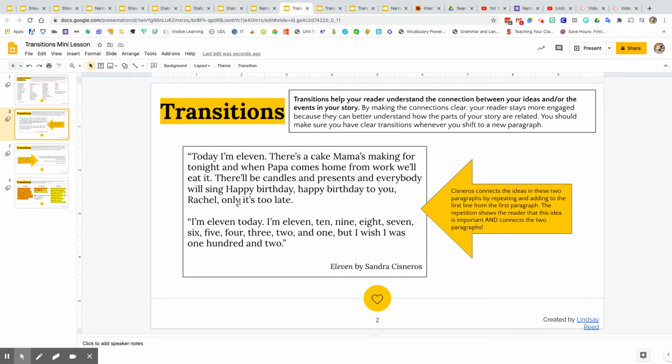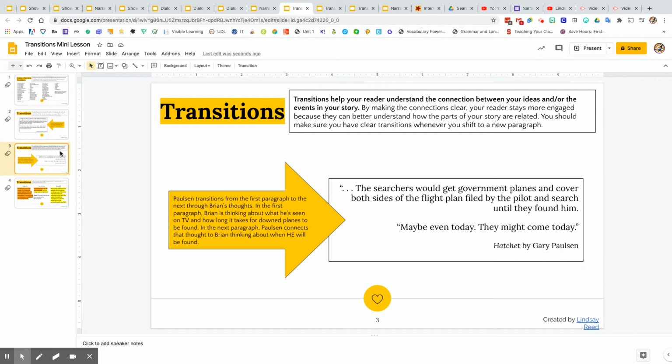And then she's repeating that because that's an essential part of her story. It's important, and she wants us to understand that. Okay, so that idea that it's Rachel's birthday, that's the connecting idea between these two. Let's go ahead and look at the next one.